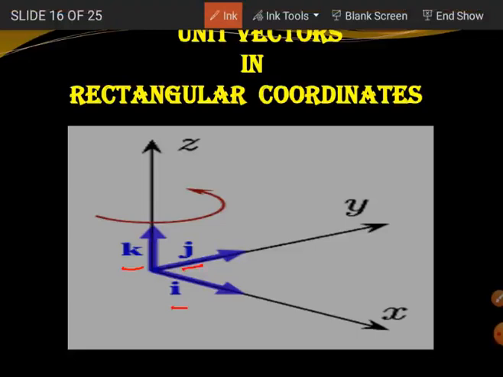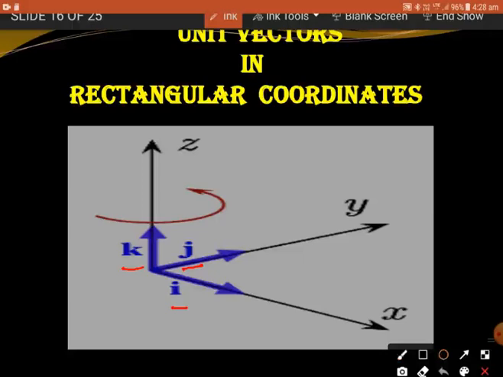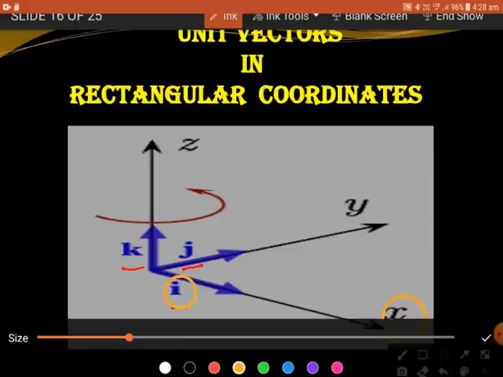The first one, i, is along the x-axis, and j is for the y-axis, and k is for the z-axis.